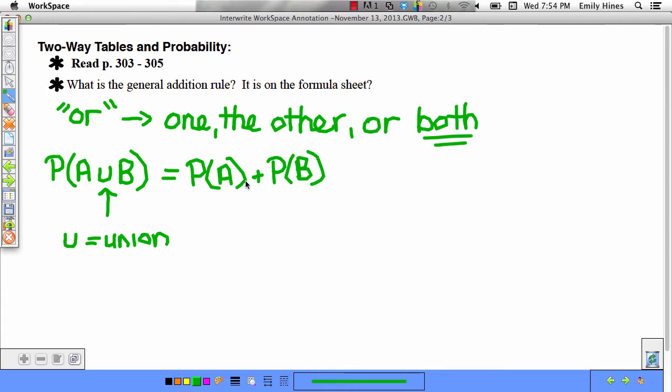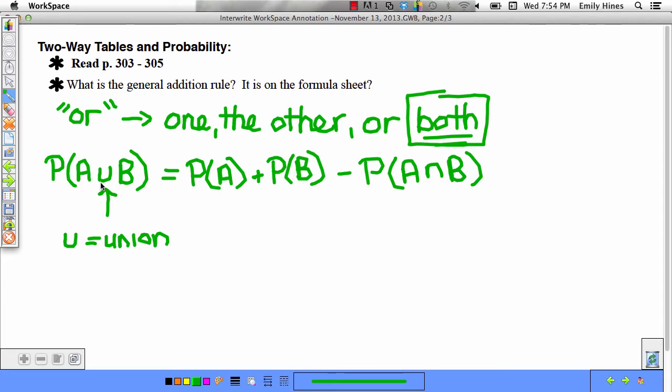However, if they're not mutually exclusive and they both can happen at the same time, then I want to subtract the probability that they are both happening at the same time, because that's already accounted for in these two.